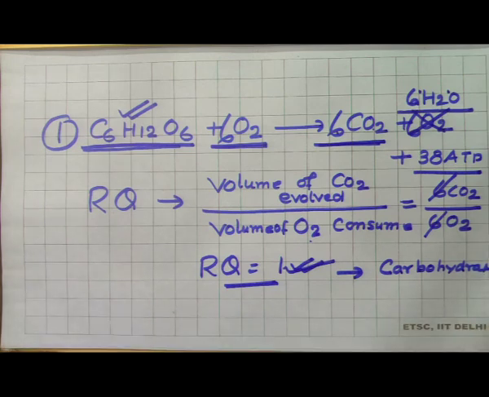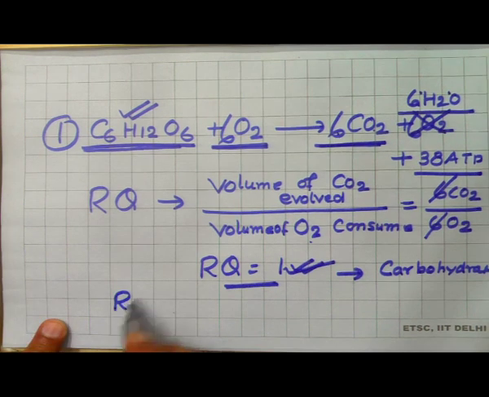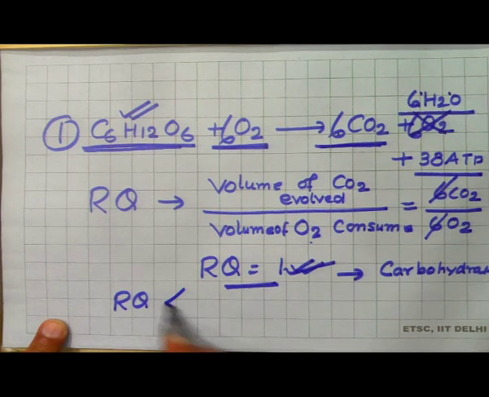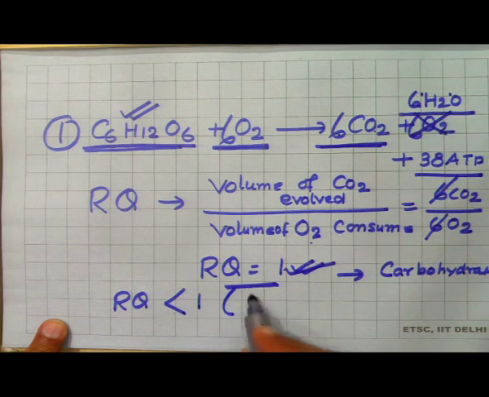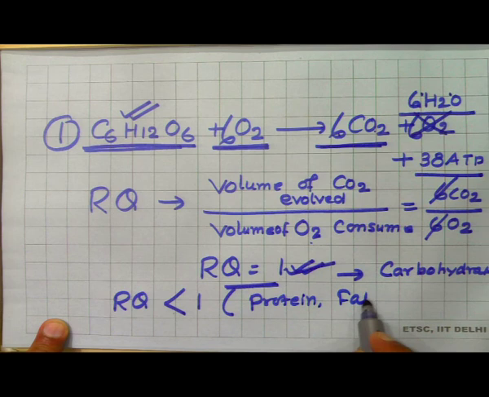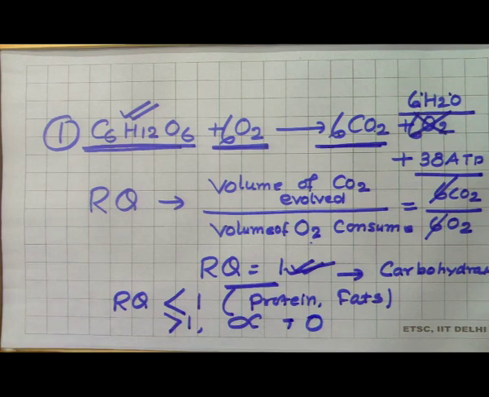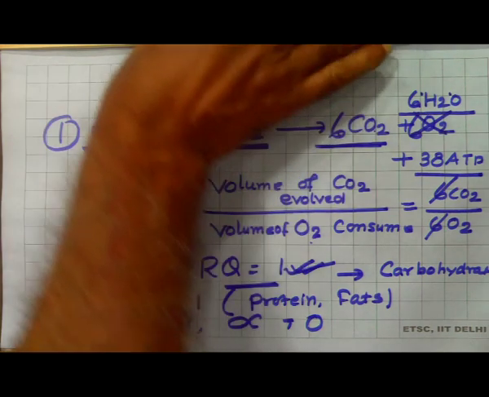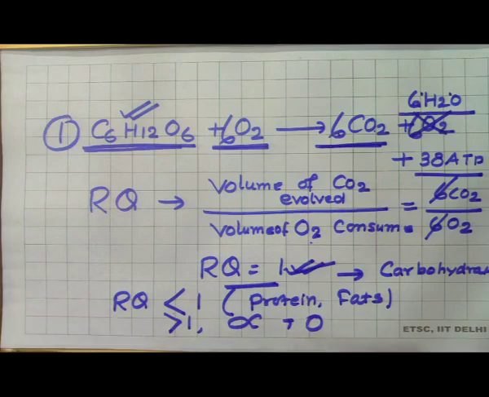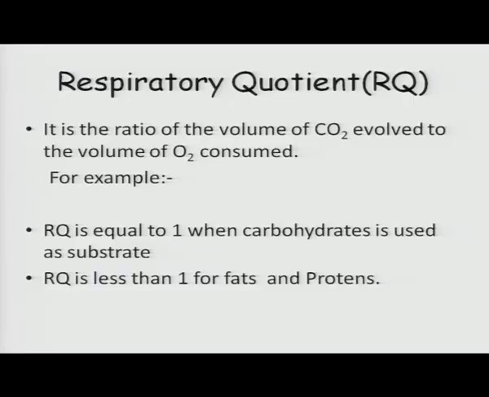When RQ is less than 1, the substrate is protein or fat. The RQ may be greater than 1, may be infinite, may be 0, we will discuss that later on. Now, this is the RQ of carbohydrate.